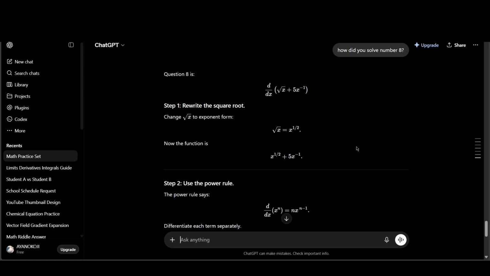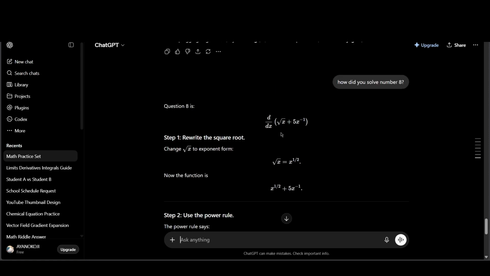Let's just read this. Question 8 is the derivative of square root of x plus 5x to the power of -1. So you have to change the square root of x to exponent form. That's going to equal x to the power of 1/2.